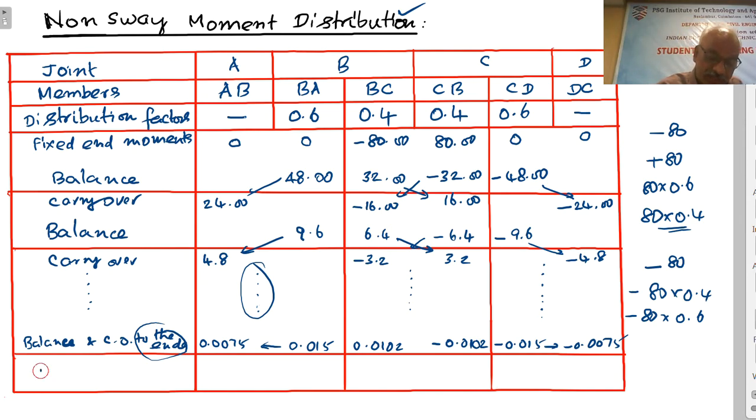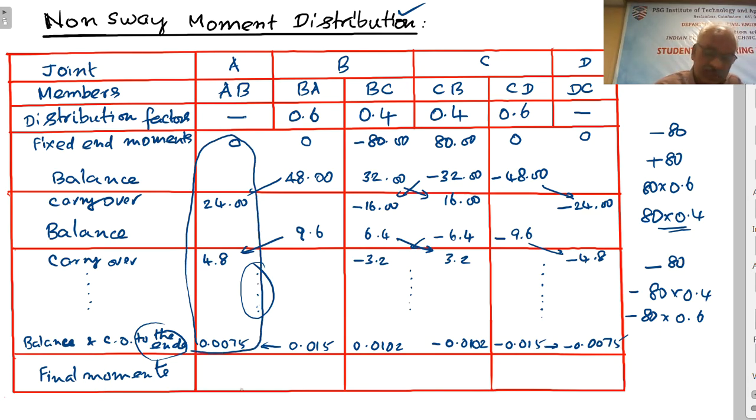That should not be done. Now final moments. What we have to do is add all these values, plus minus, everything.